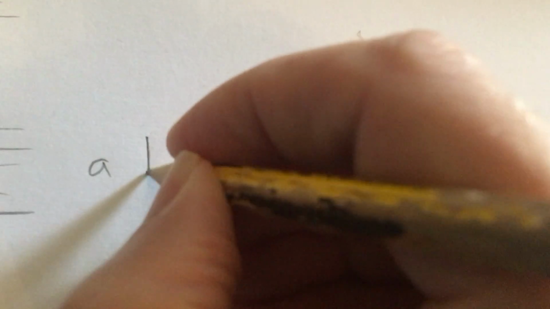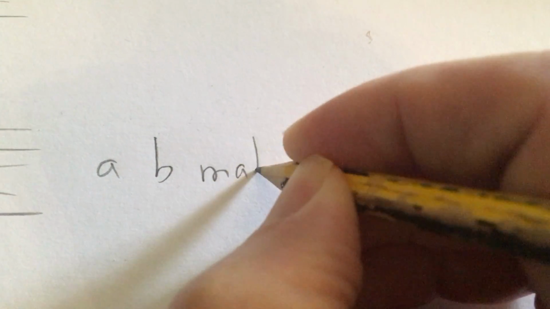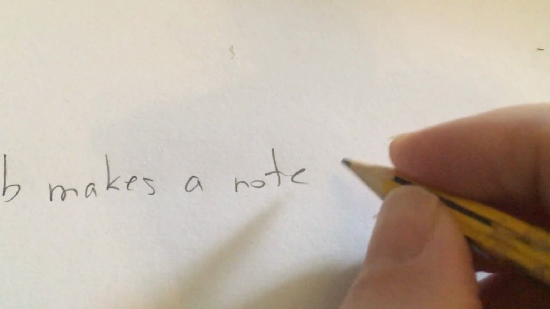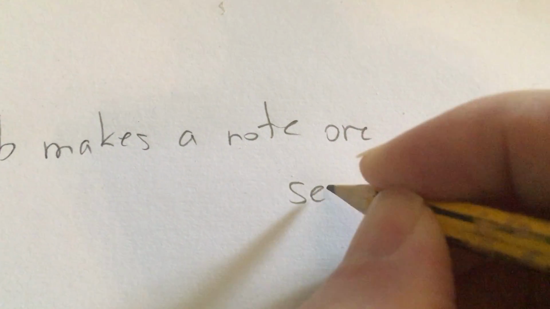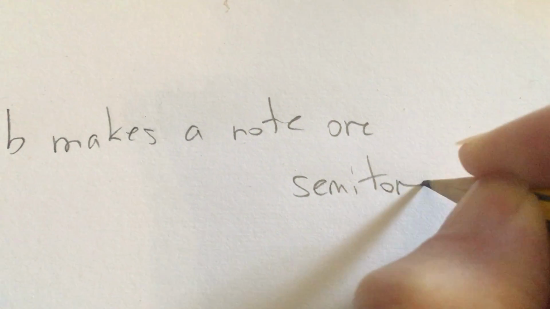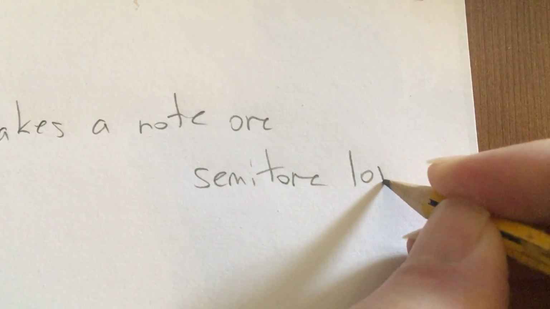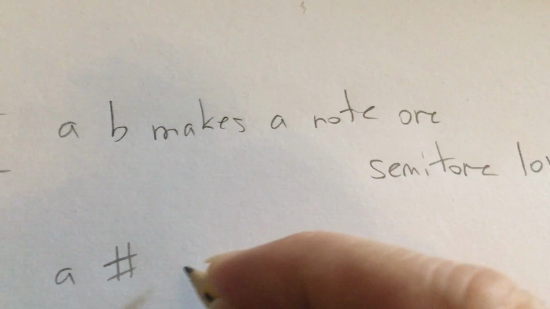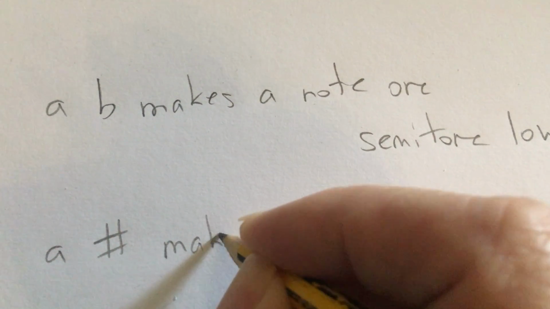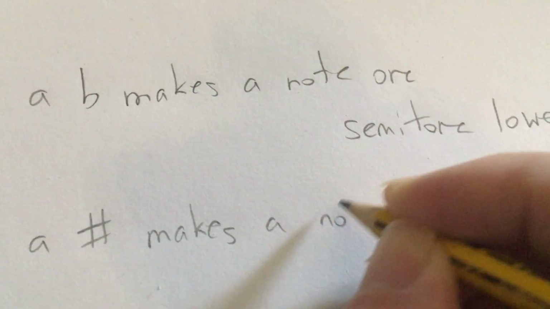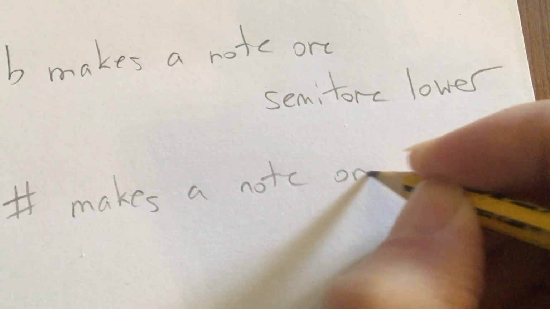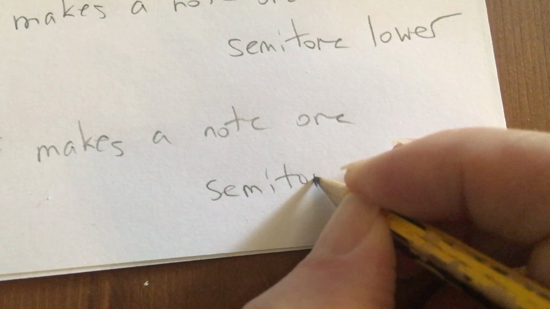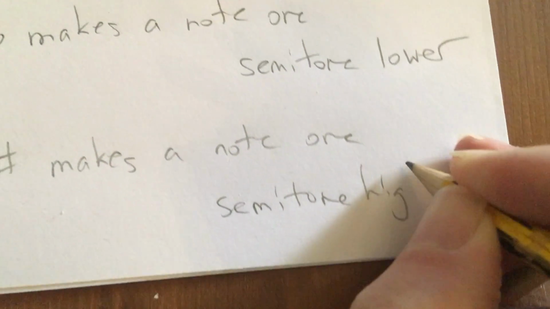So we can say that a flat makes a note one semitone lower, and a sharp makes a note one semitone higher.